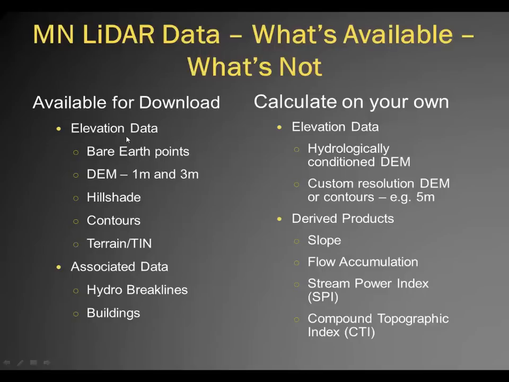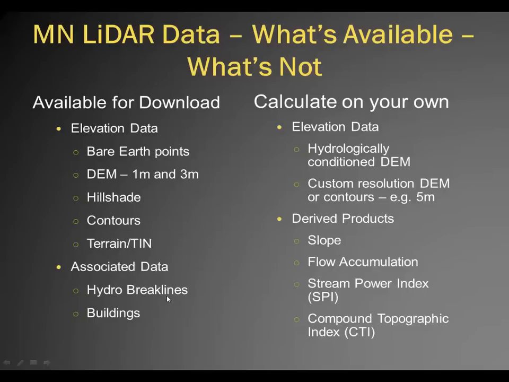Now, what's available and what's not? From the information that's collected from the Legacy Amendment funded data, you can get elevation data that shows bare Earth, and then that bare Earth information was used to derive a digital elevation model at several different resolutions, the 1 and 3 meter. And there were also hillshades and contours and TINs that were created.